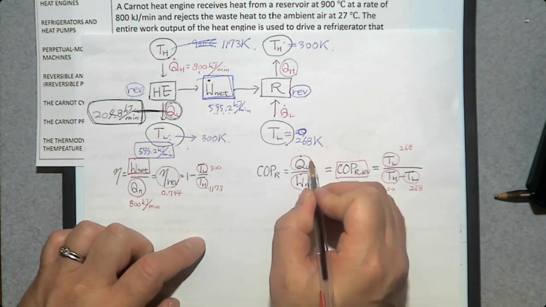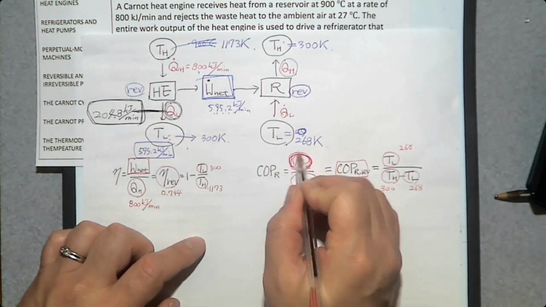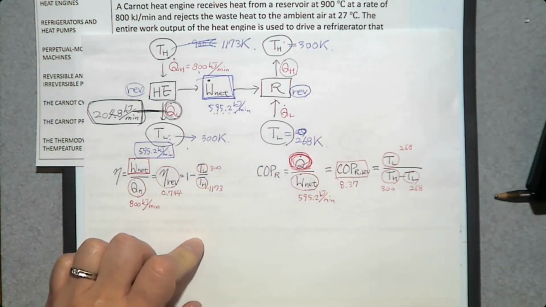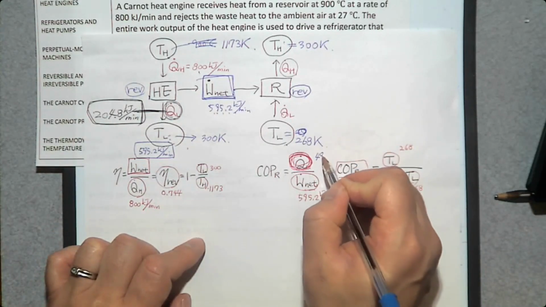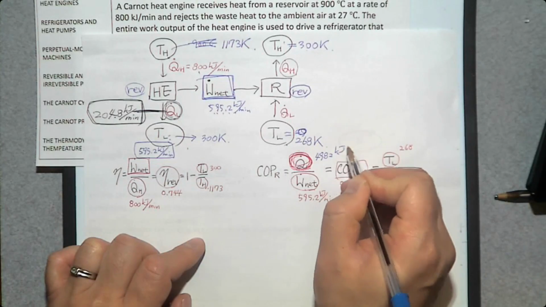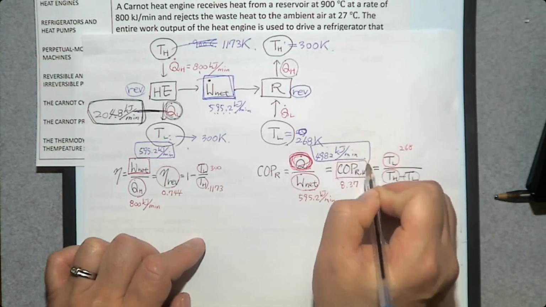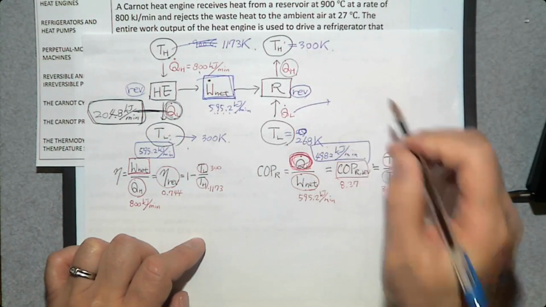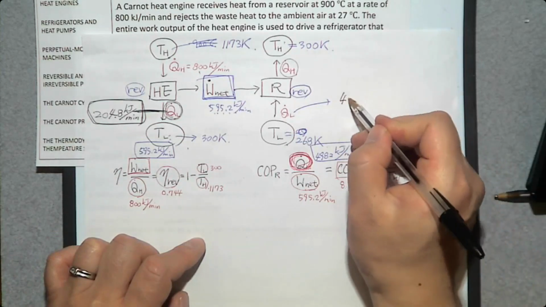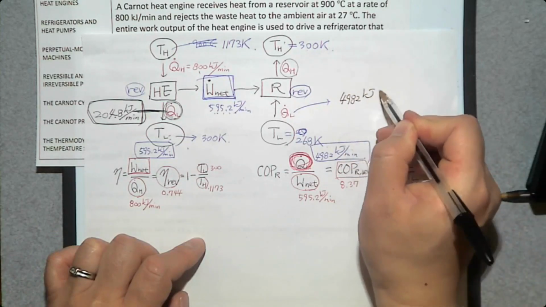So what is the heat transfer from the refrigerated space? 4982 kilojoule per minute. So this one is 4982 kilojoule per minute.